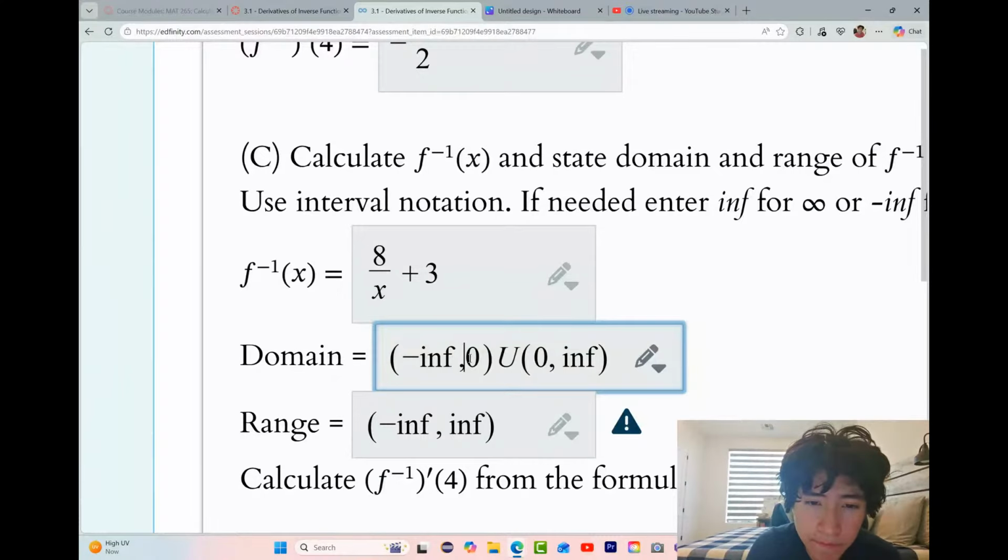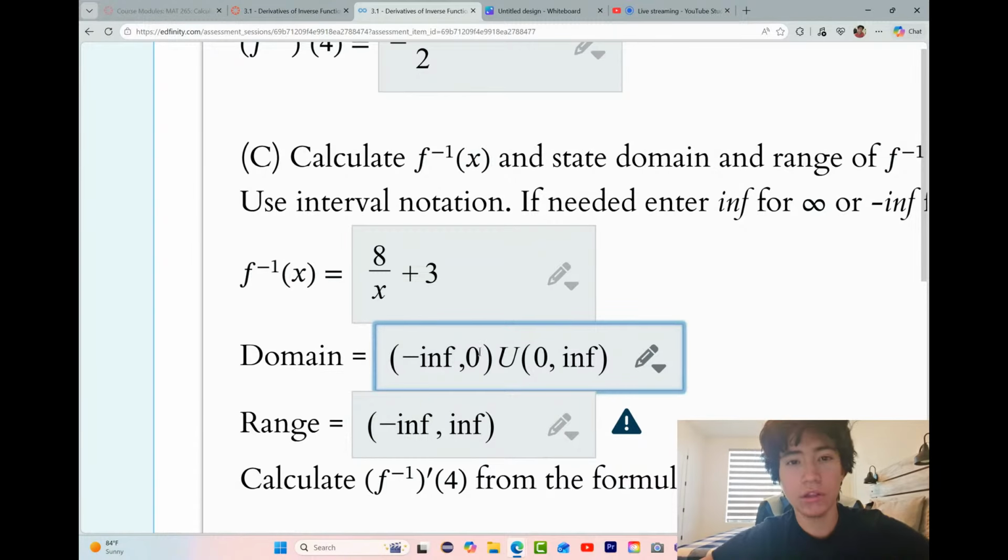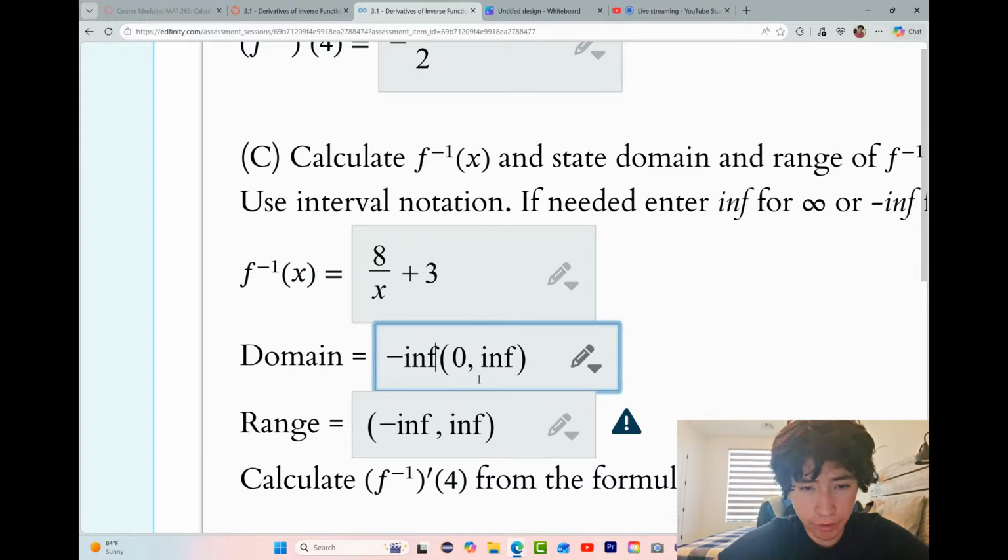Okay, what if we just take out 0 and we just do like that?